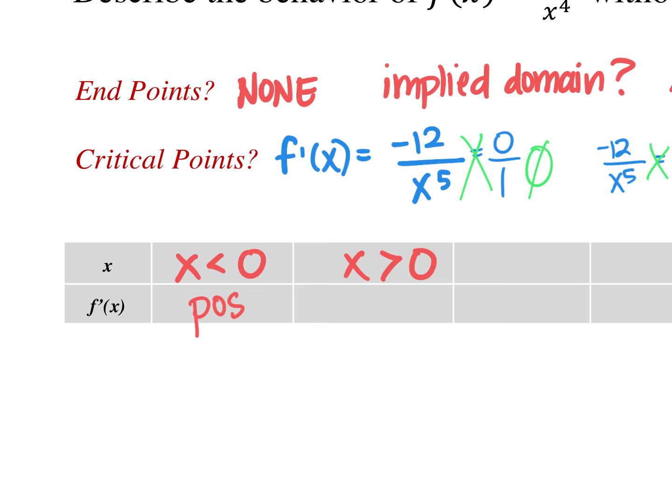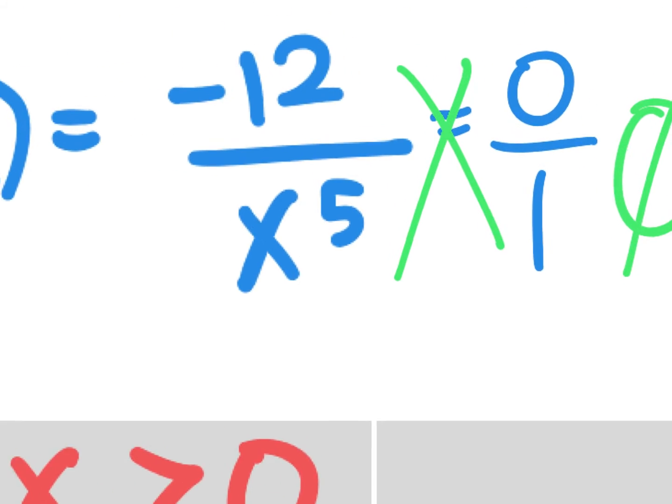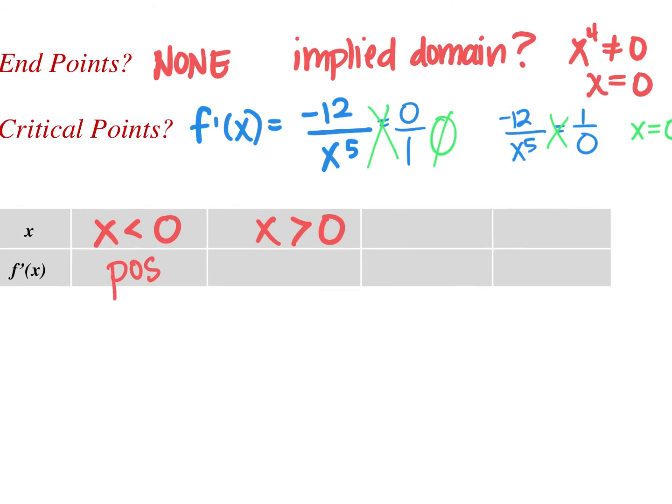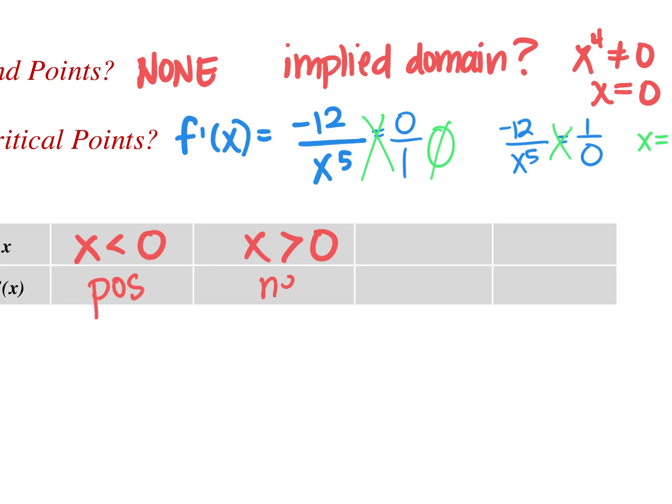All right, and then if I pick my favorite number that is positive already, and I plug it in, negative 12 over a positive number, that's going to be negative. So I have a change from positive to negative. And every time a change from positive to negative happens, that means I have a local max at x is 0.